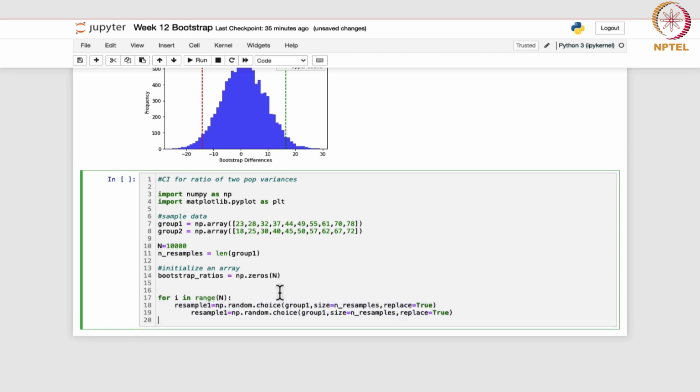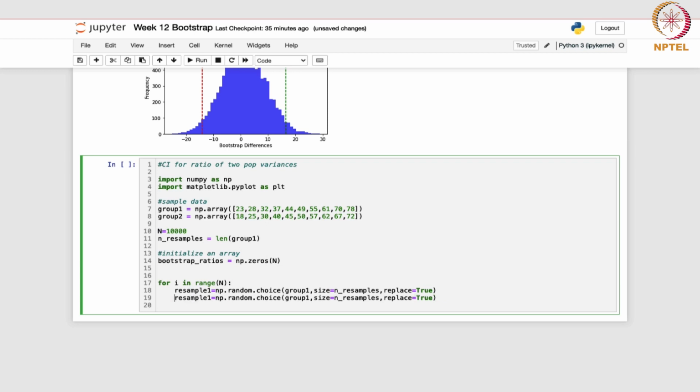Likewise, we can write for the second sample also. So resample 2, and here we will be writing this. So for the second group also, you have generated random samples.